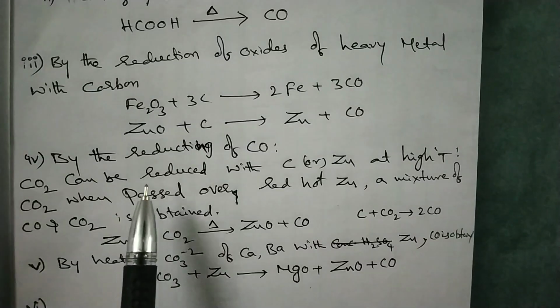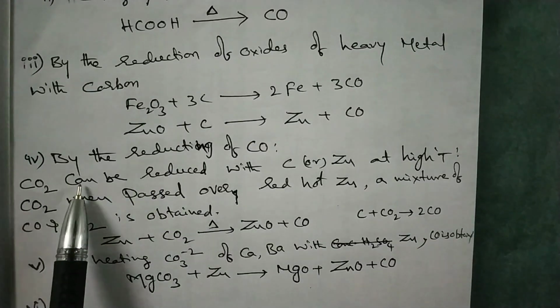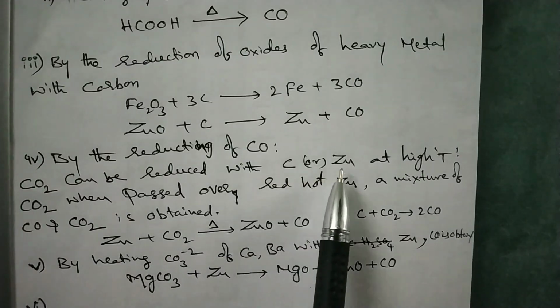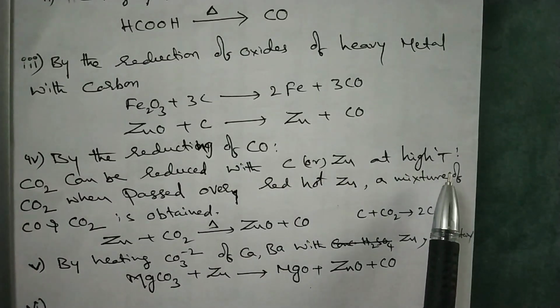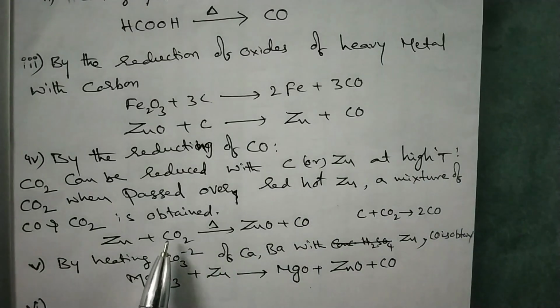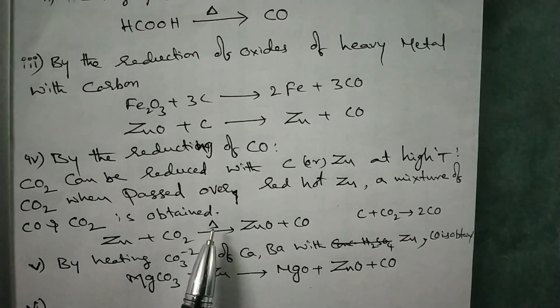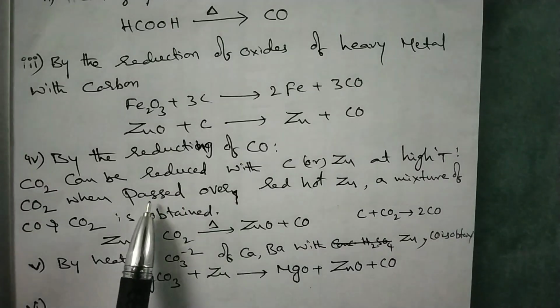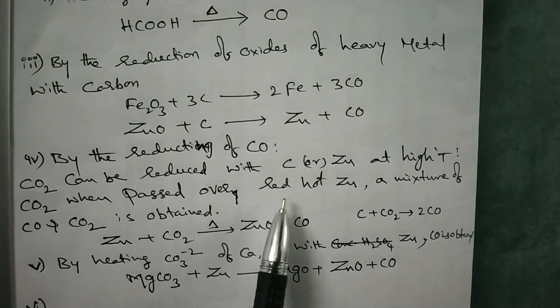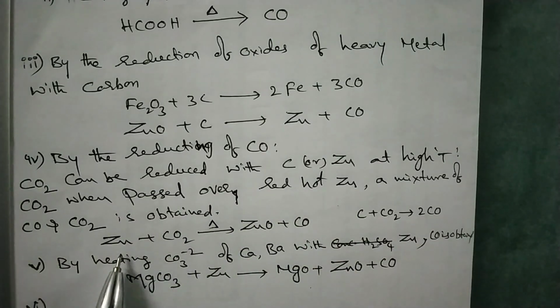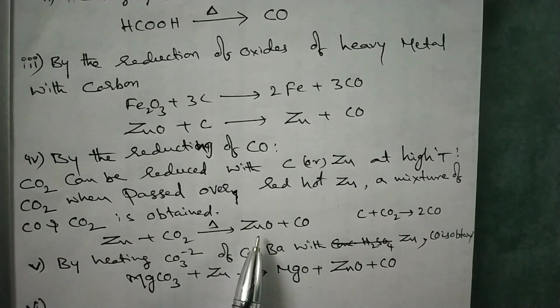By reduction, carbon dioxide can be reduced with carbon or zinc at high temperature. For example, when zinc reacts with carbon dioxide on heating, or carbon dioxide is passed over a red hot zinc tube, zinc oxide and carbon monoxide are formed.